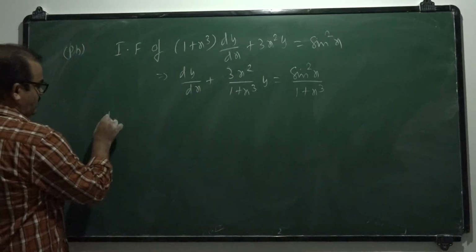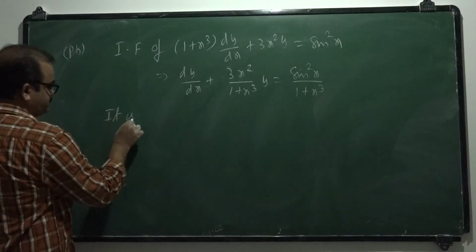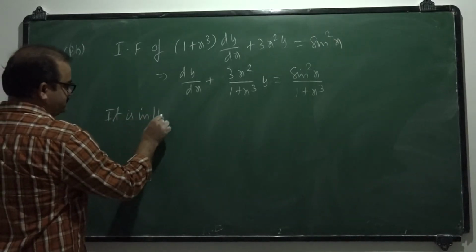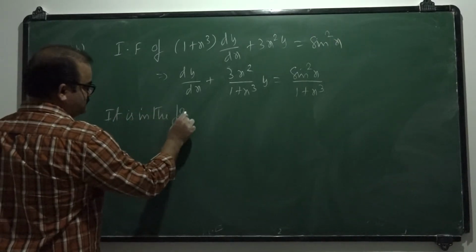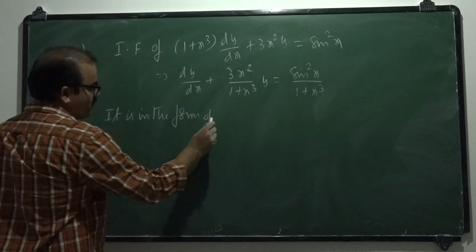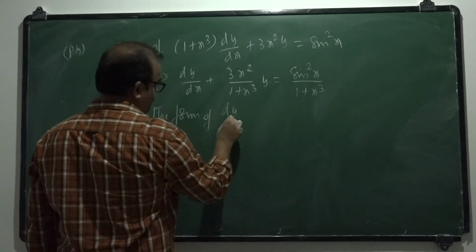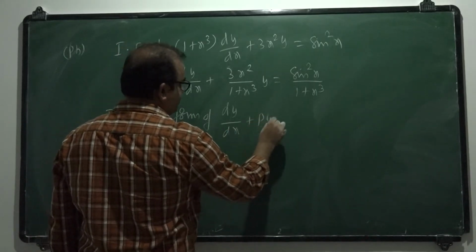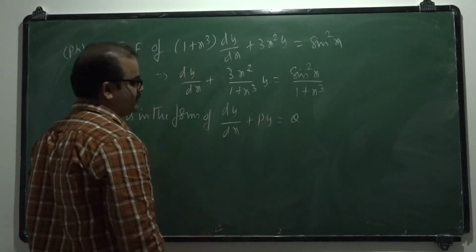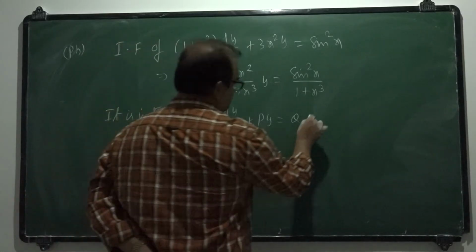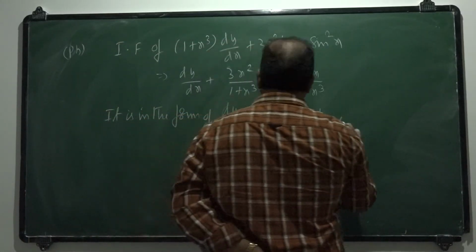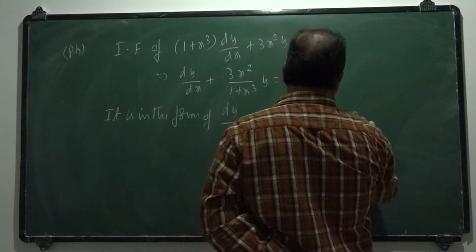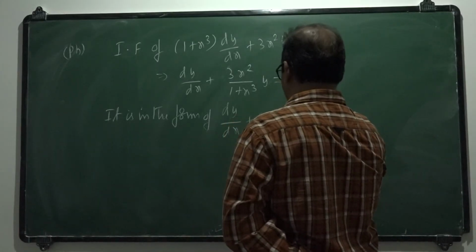It is in the form of dy by dx plus p into y is equal to q, where p is equal to the coefficient of y.